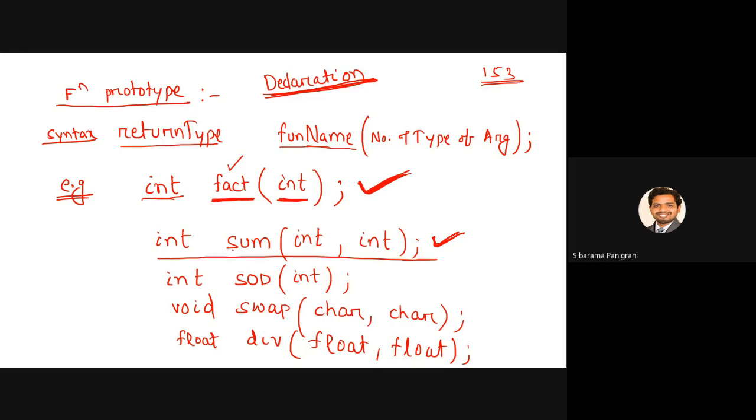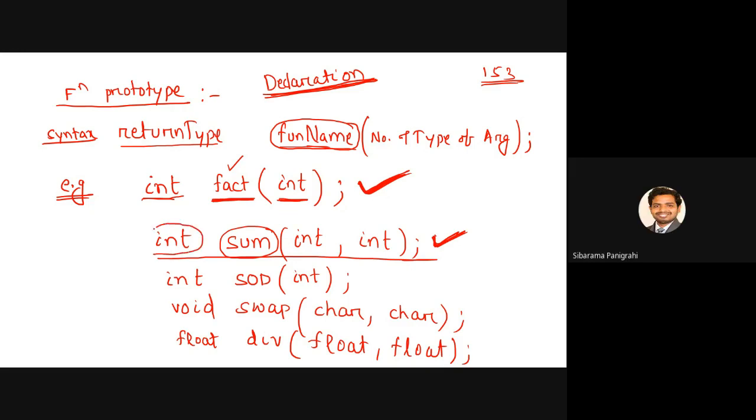So in this sum function, what is the return type? Sum is the function name. What is the return type? Int.